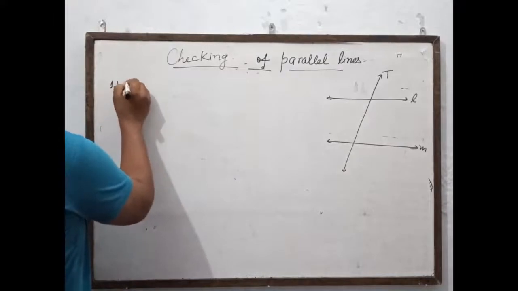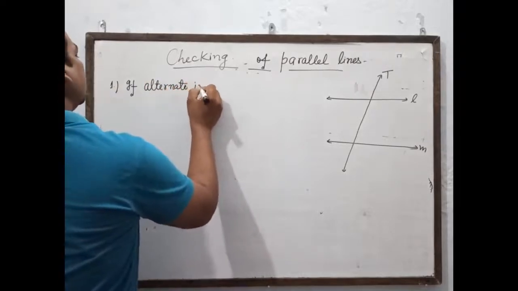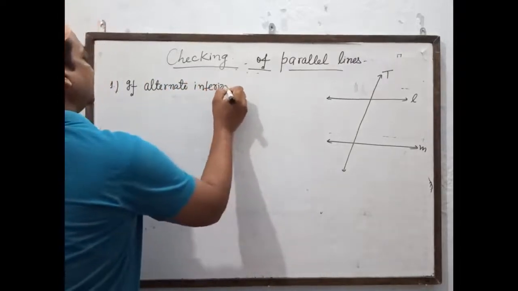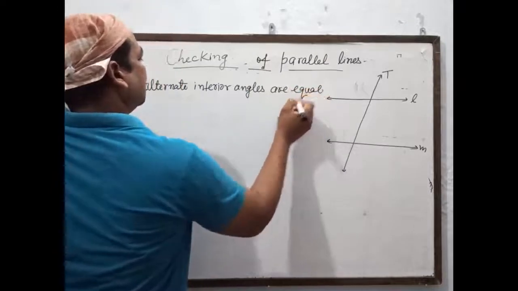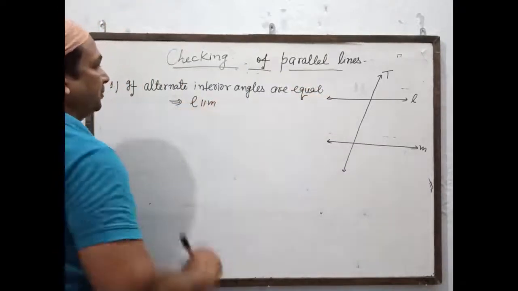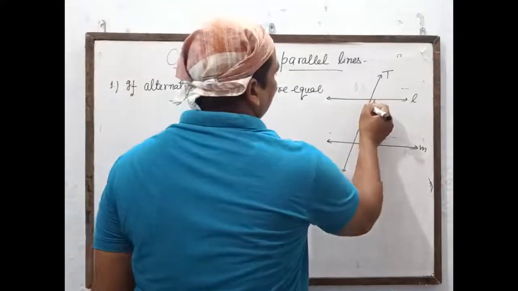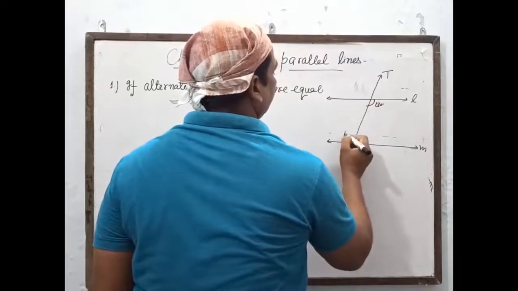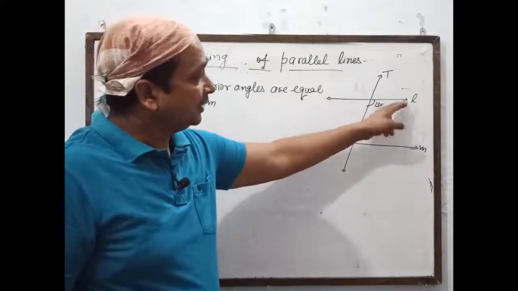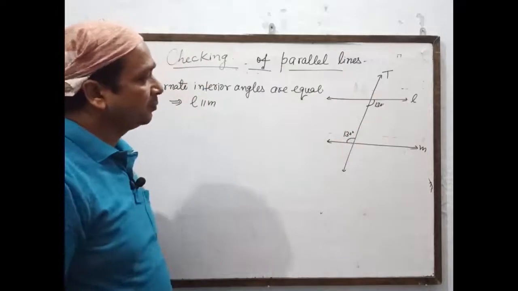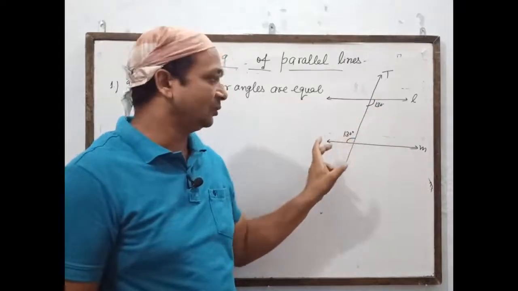First, if alternate interior angles are equal, this implies that L is parallel to M. If alternate interior angles are given like this, 130 and 130, and we have to say whether line L is parallel to M, here we see that alternate interior angles are equal.